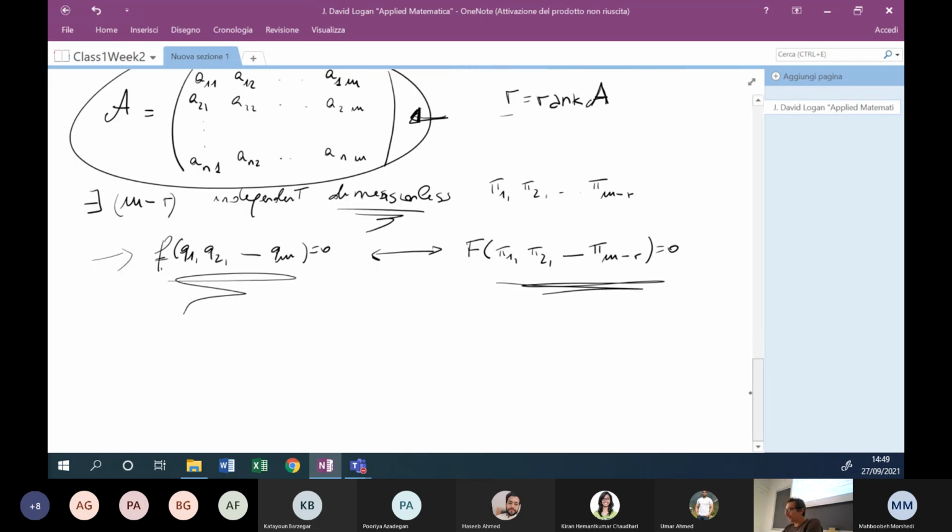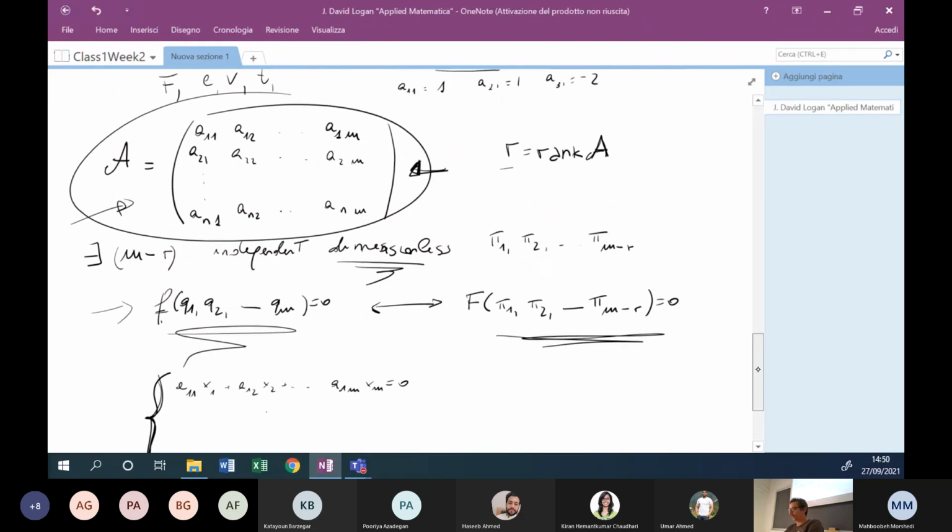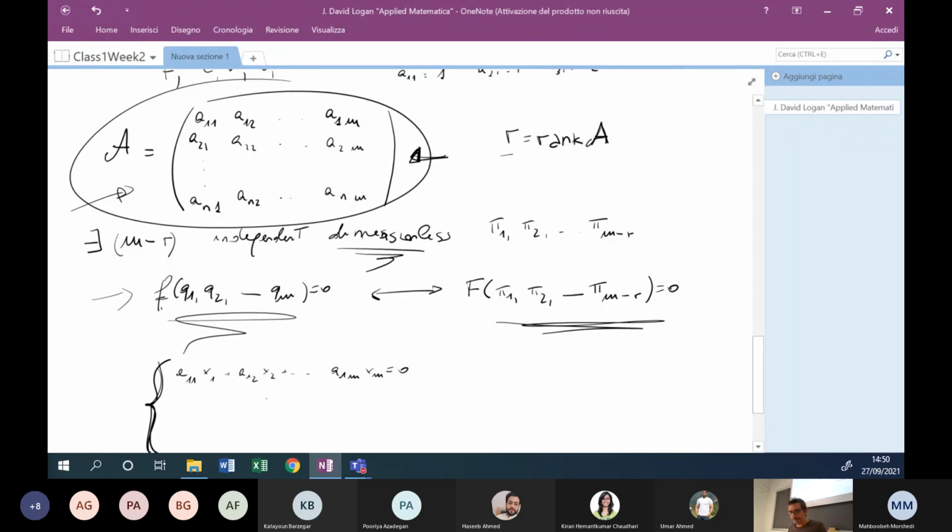So basically this is exactly the matrix that you can write down from my system: a11x1 plus a12x2 plus and so on, a1mxm equal to 0, and you can do the same for the other ones. If you look at the matrix of the coefficients of this linear system, that's exactly my matrix, the matrix that I call here A.